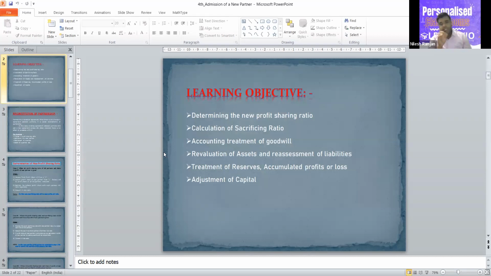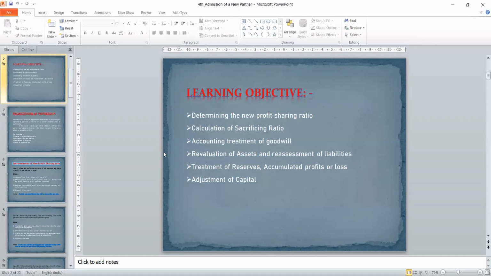But in case of liability, it doesn't happen. Generally, the liabilities remain the same, because if you have to pay someone 50,000 or 1 lakh, it will not change. Yes, there may be some interest addition, but the principal amount payable will remain the same.